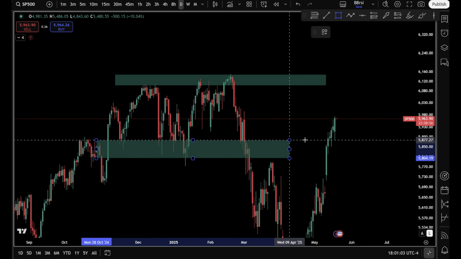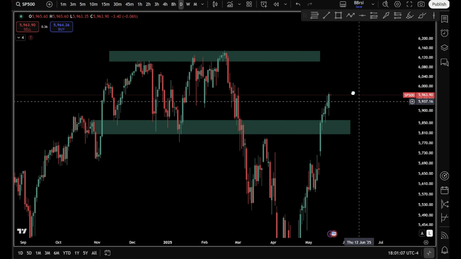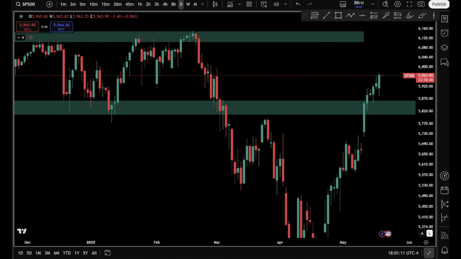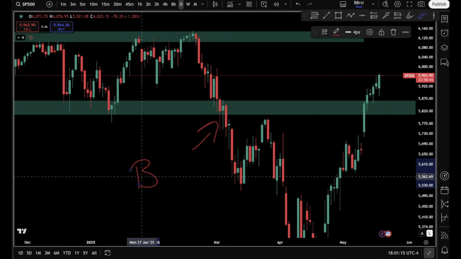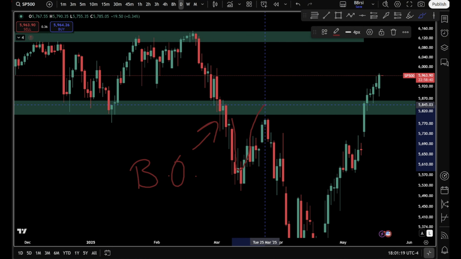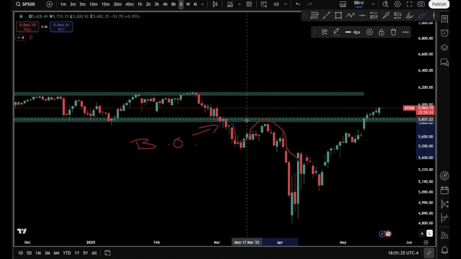And you have the support area. You see a nice breakout right here. Market came, did a retest, and went down. Big profits from here.